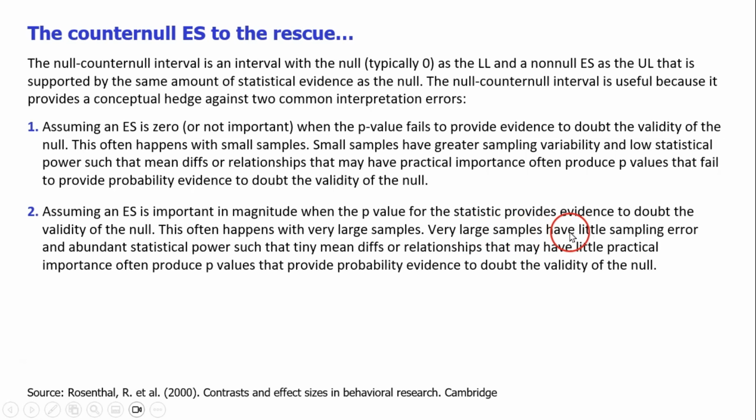Very large samples have little sampling error and abundant statistical power, such that even tiny mean differences or relationships that may have little practical importance often produce p-values that provide probability evidence to doubt the validity of the null, i.e. 0 is not in the interval. And so you get this false potential impression that you have something there because 0 is not in the interval when you really don't, okay?